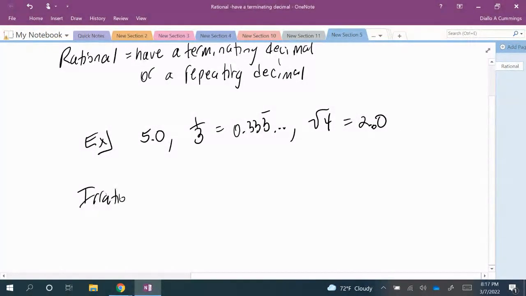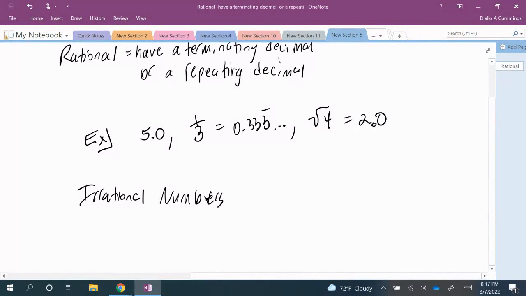Irrational numbers. When we rationalize the denominator, we want a number that has either a terminating decimal or a repeating decimal.